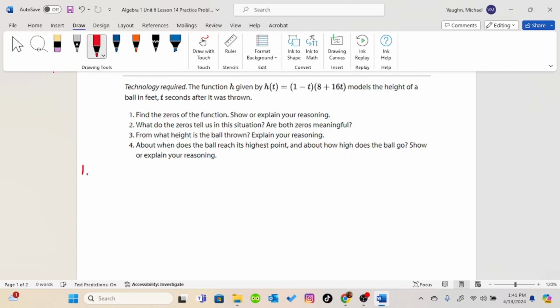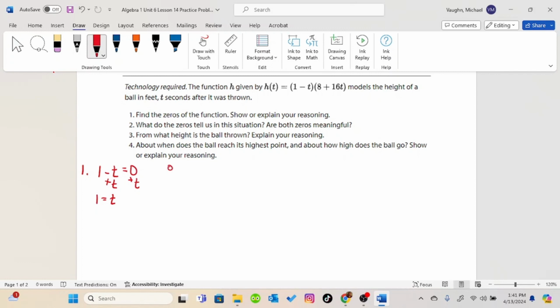To find the zeros, we set each factor equal to 0. So we have 1 minus t equals 0. We add t to both sides, and 1 equals t.